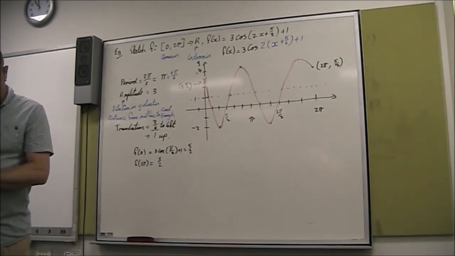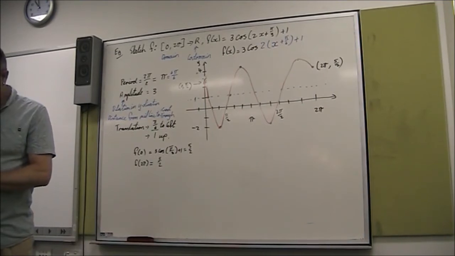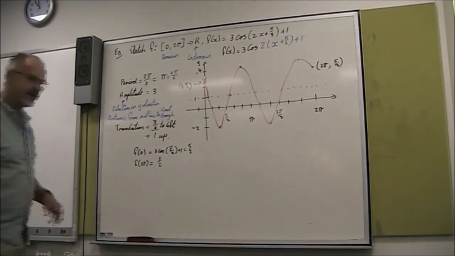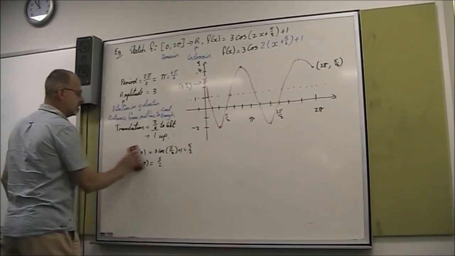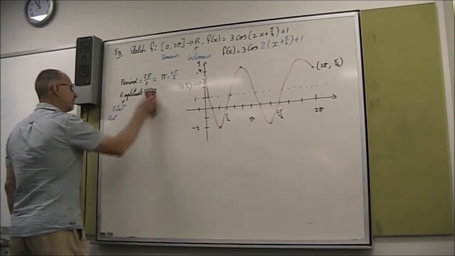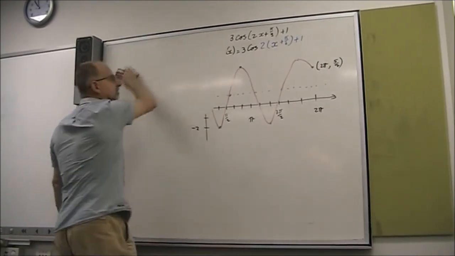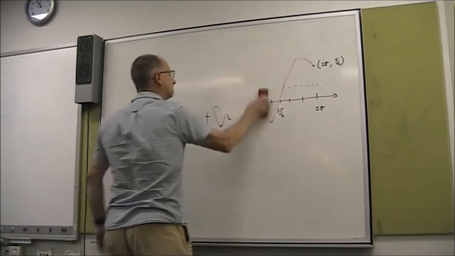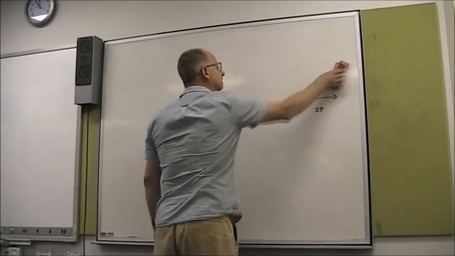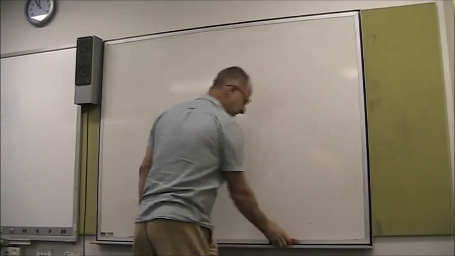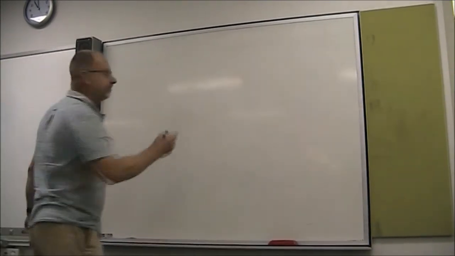Alright, any other questions about that? Alright, okay, our next thing then is what's known as the Pythagorean identity.